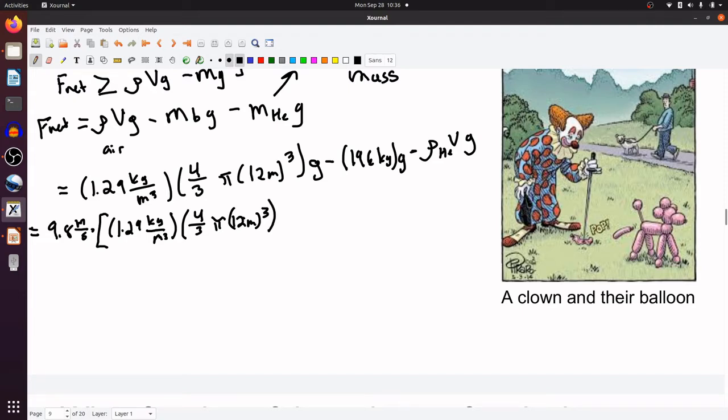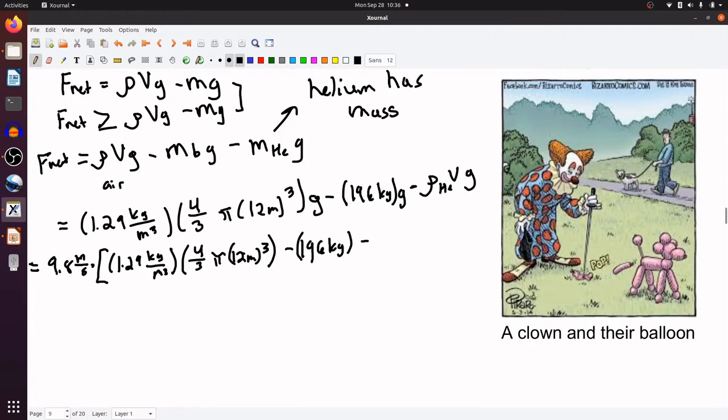All right, and then minus 196, minus the density of helium, 0.179, times 4/3 pi times 12 meters cubed. Got it all in there. Oh, close it off. Good. All right, here we go.